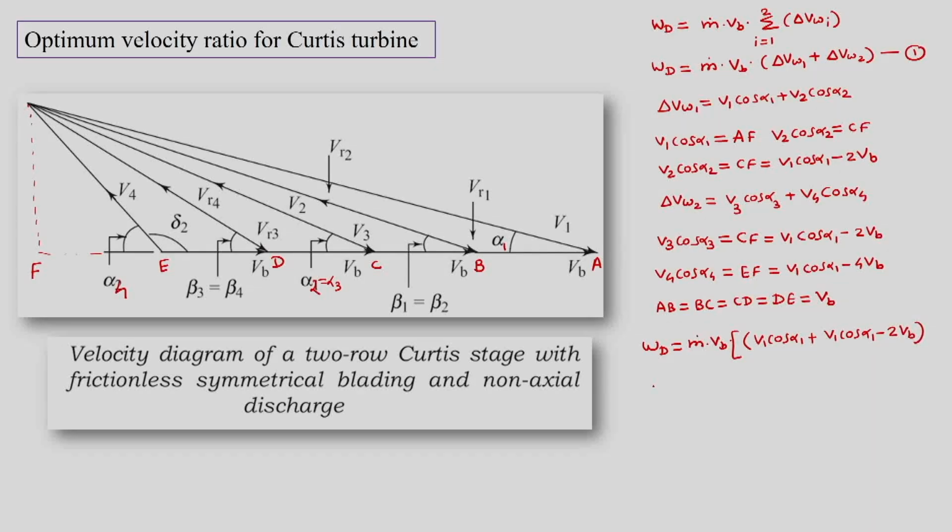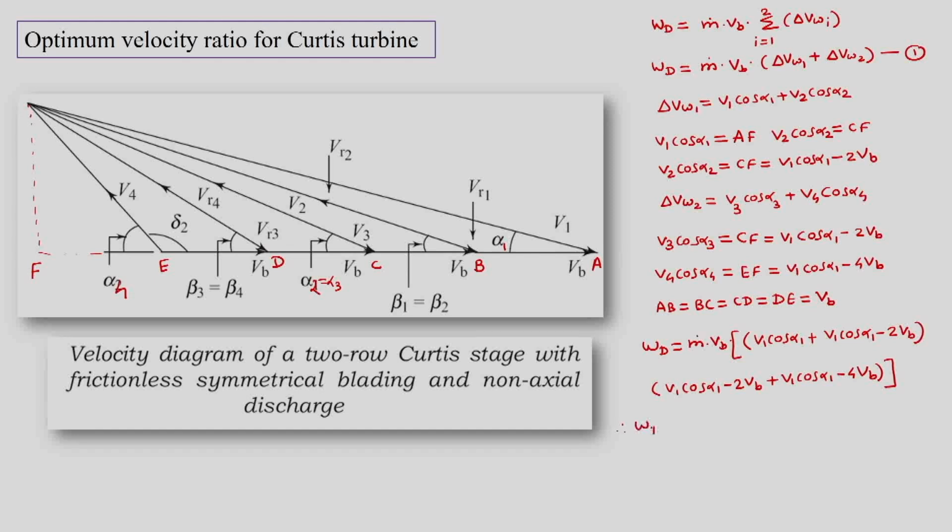This is for first stage, and for second stage we have V1 cos alpha 1 minus twice VB plus V1 cos alpha 1 minus 4VB, bracket complete.